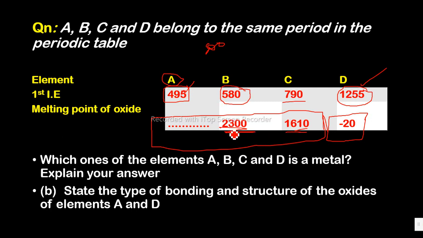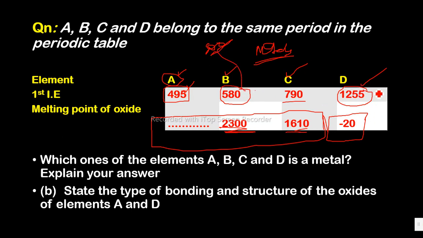So basing on the melting point and the first ionization energy, we can conclude that element A, element B, and element C are metals. Why? Because the first ionization energy is very low, usually lower than 800.